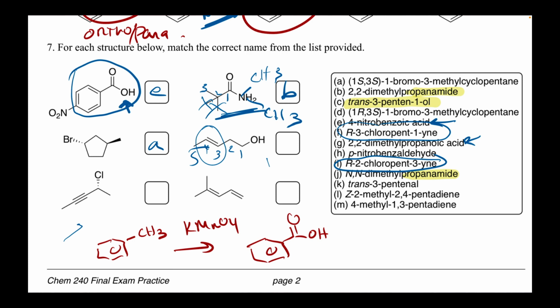So this is not attached to an end carbon at all, so it can't be a 1-yne. It should be the 3. So 1, 2, 3, 2-chloropent-3-yne. So it should be this one, and hopefully it is the R configuration. Yes.